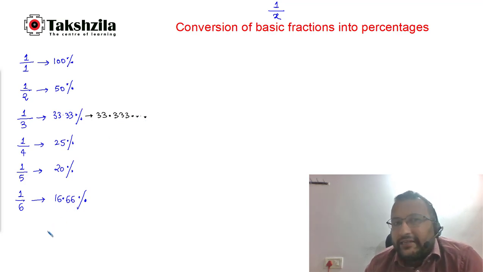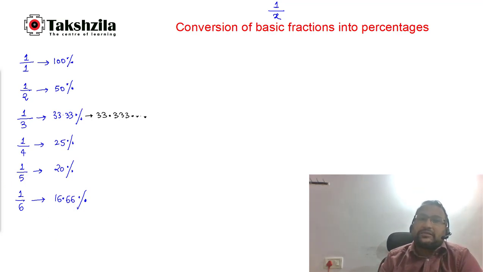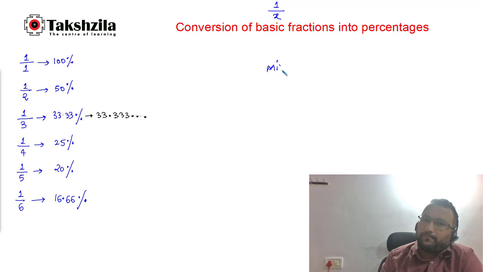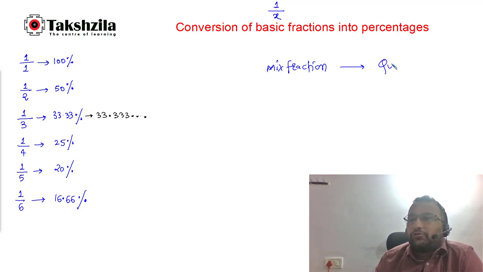So now in the exam, how it is represented, let's have a look at it. So it is represented in a mixed fraction format. Now what is this format? This format is quotient, remainder and divisor.